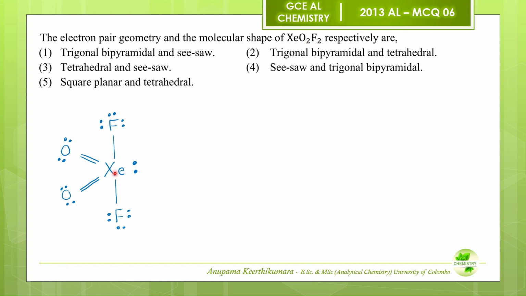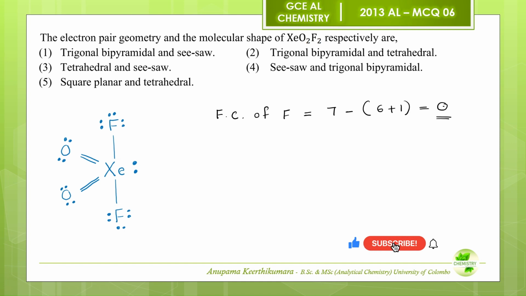First, we will calculate the formal charge of a fluorine atom. Formal charge of a fluorine atom equals number of valence electrons 7 minus number of electrons in lone pairs 6 plus number of bond pairs 1. Therefore, formal charge of these 2 fluorine atoms is 0.